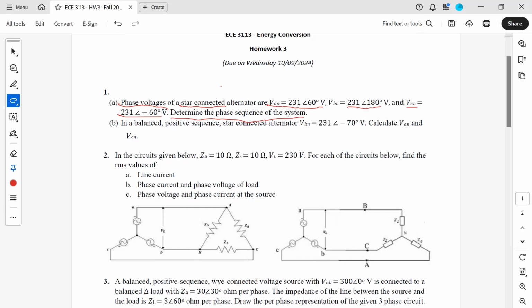If you remember, the easiest way to determine the sequence is to draw the vectors that represent the three voltages. The first one is 231 with a 60-degree phase shift, so the voltage of phase A has a 60-degree phase angle.